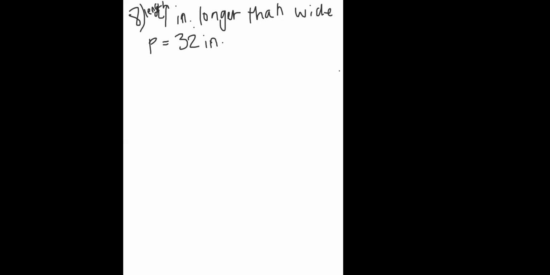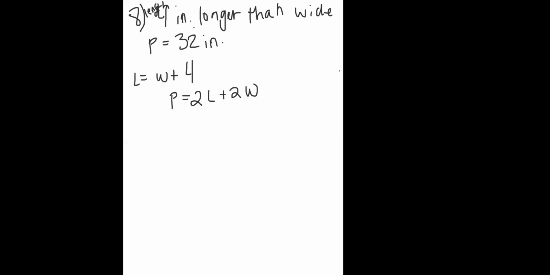That means we can write L equals W plus 4. When something's longer, you're going to be adding to it, right? So our formula for the perimeter is P equals 2L plus 2W. And yes, that's perfect, it is W plus 4. You're right.